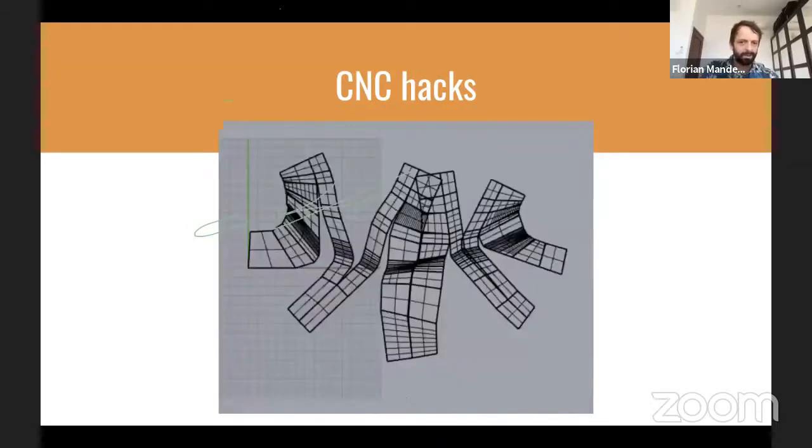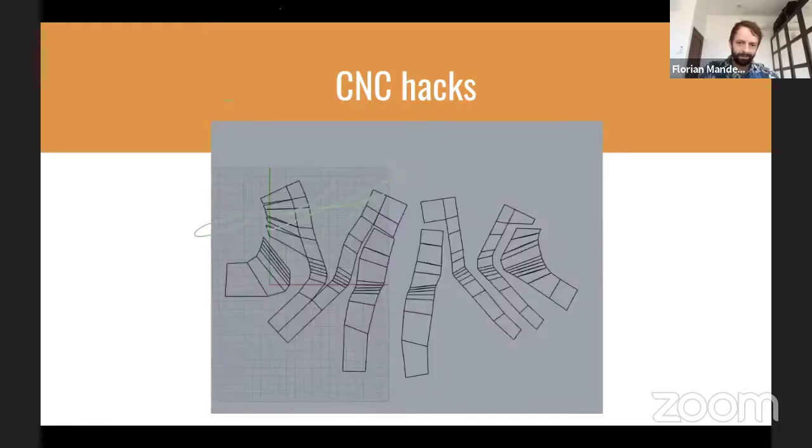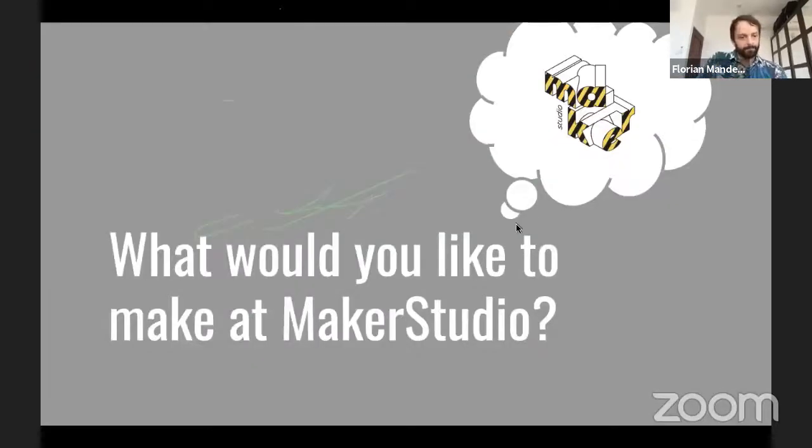This is a mesh, and then you can flatten it out, and that's something you can print with your printer at home. So this is the most simple process of digital fabrication: make a 3D model, try to flatten it, and then you can print it and put it together. That's something that is super simple to do.